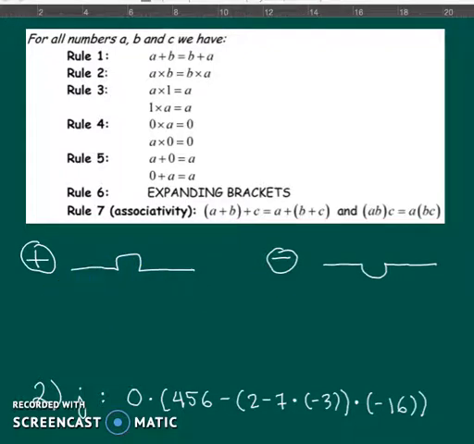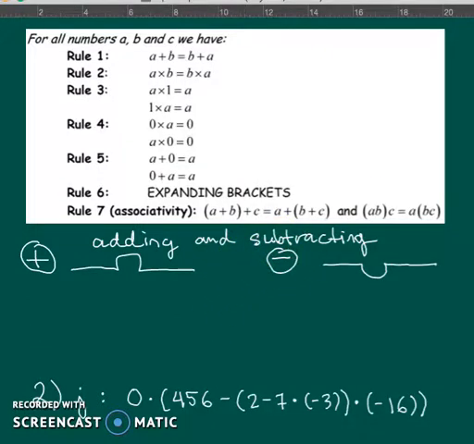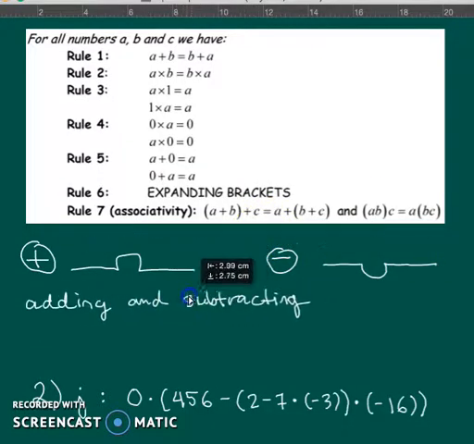And we also learned that instead of thinking about adding and subtracting, we are instead going to think about just adding, but we're going to be thinking about and talking about adding positive and negative numbers.